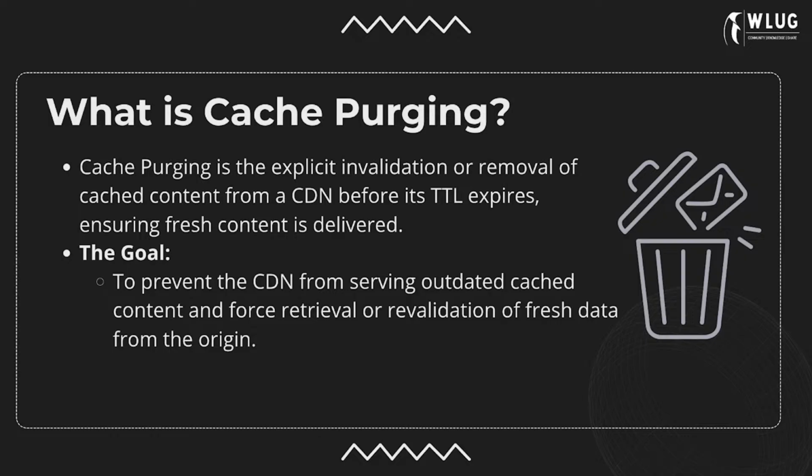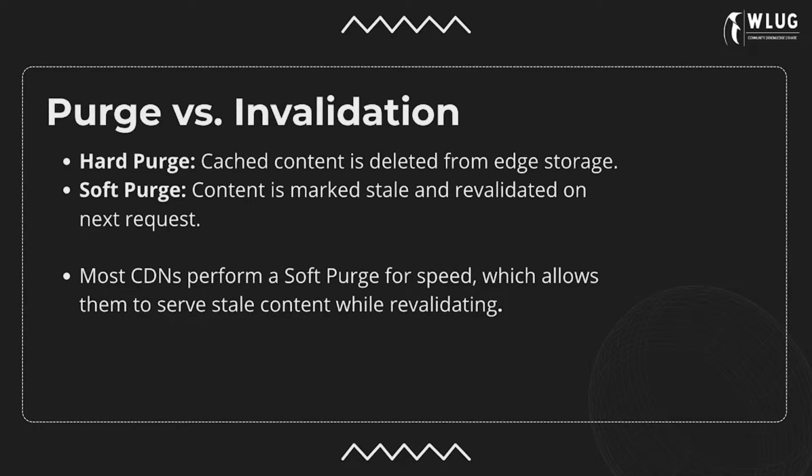So to sum up in simple words, whenever there are any updates before the TTL expires, we would need to update the content that is being viewed by the user. The goal is to prevent the CDN from serving outdated cached content and force retrieval or revalidation of fresh data. So we'll see this as we move on.